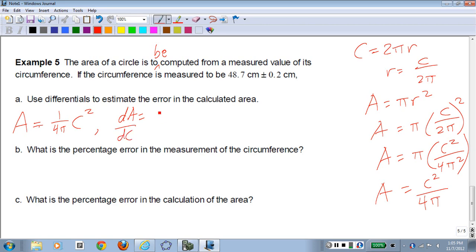That's going to be what, 1 over 2 pi times c. Take the 2, multiply by the 1 over 4 pi, and the 2 divides into the 4 two times, and you get 1 over 2 pi. So dA dc equals... oh no, I just said that. dA equals 1 over 2 pi times c dc.